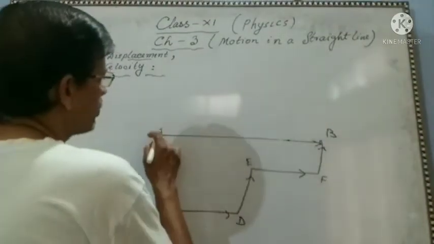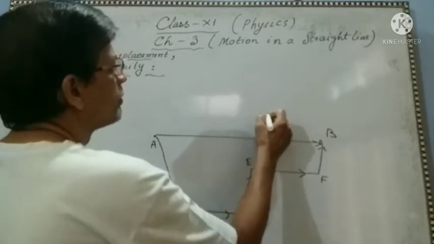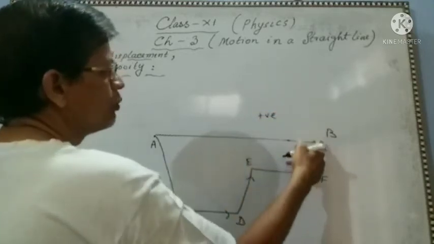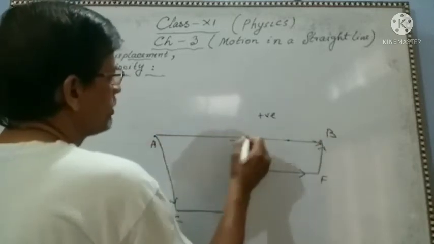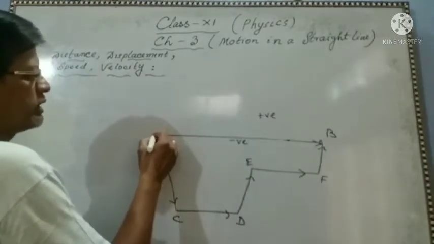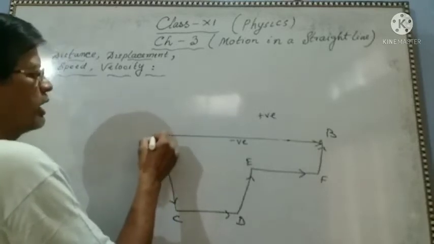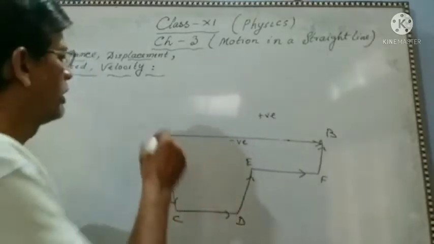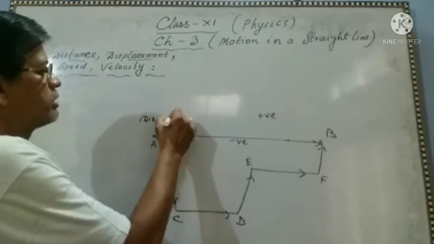If a person moves from A to B, this is positive. When he moves from B to A, this is negative. And after coming back to A, its initial point is A, final point is also A, so there is no displacement; displacement is 0.